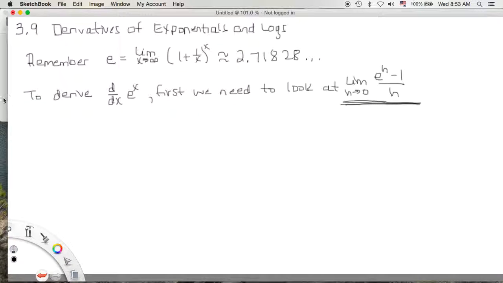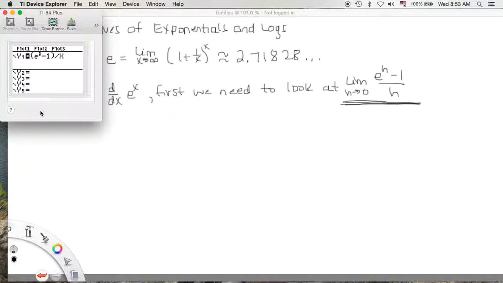Now the way to do that is with our graph. On your calculator, if you graph this function, it looks like this. And we want the limit as our x values approach 0, so right in here. If you recall, the easiest way to find that is with the table.